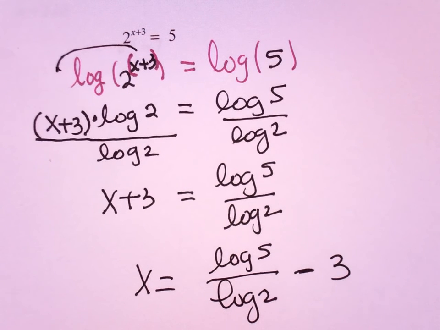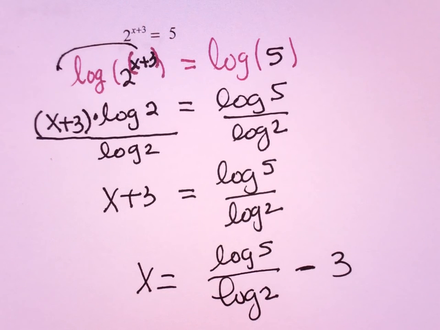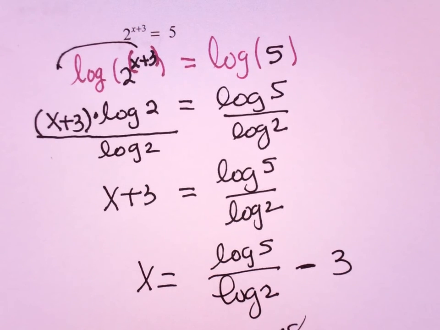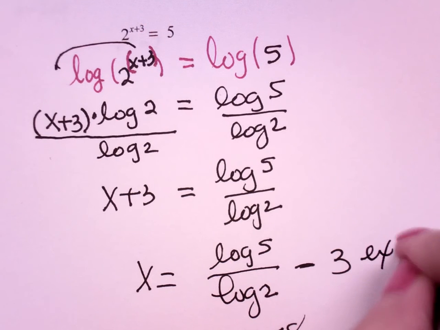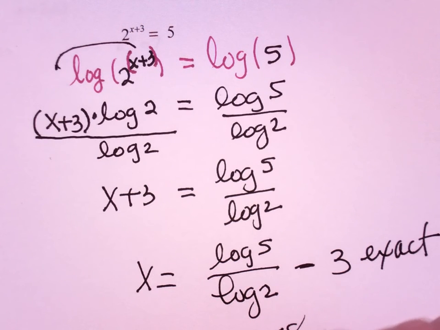And this gives me an approximation of negative 0.678. That's convenient. So again, this is an exact answer, and this is an approximate answer.